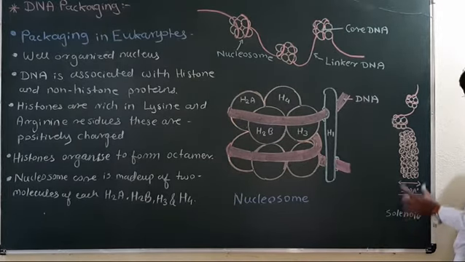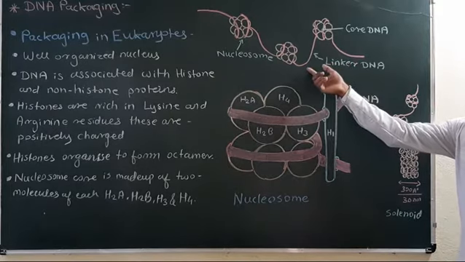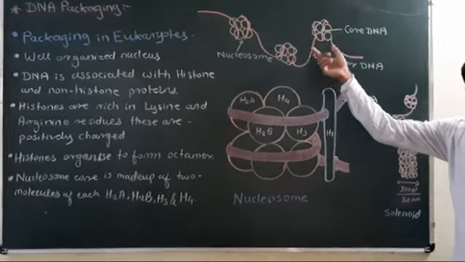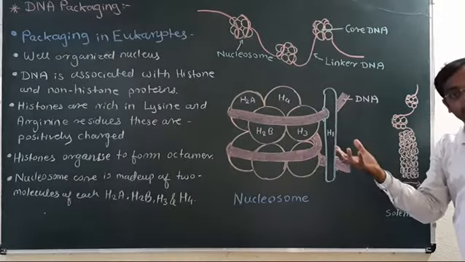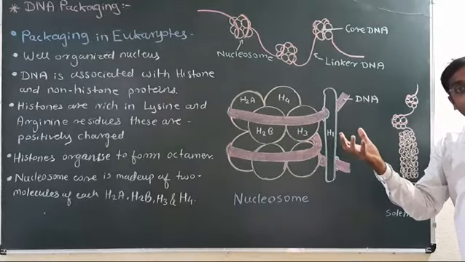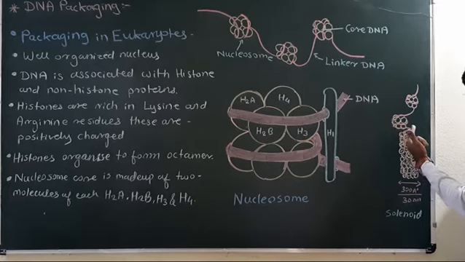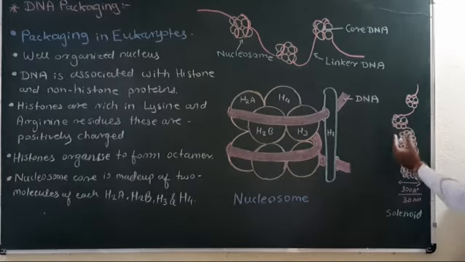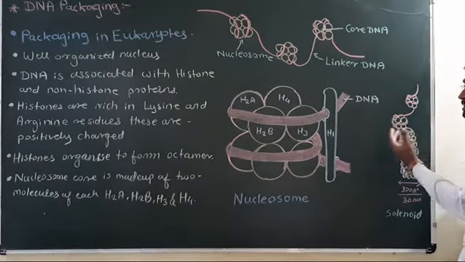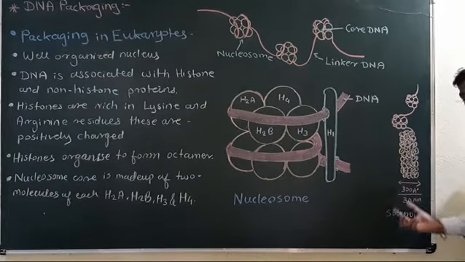This 30 nanometer solenoid fiber is formed by coiling and supercoiling of the linker and core DNA, that is, the beaded string apparatus. At the time of supercondensation, at the time of cell division, at the metaphase stage, these 6 nucleosomes get coiled around each other to form a single core, and such turns of successive 6 nucleosomes form a thick fiber called the solenoid fiber.